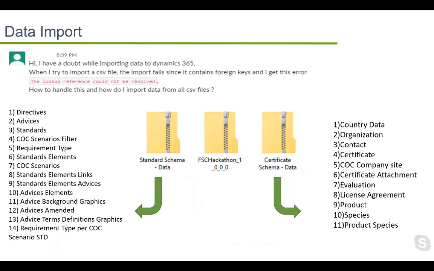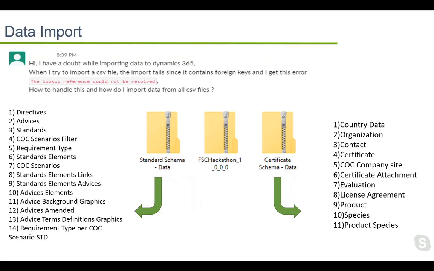As we can see, on the right hand side we have mentioned the certificate schema entities sequence, and on the left hand side we have mentioned the standard schema entity sequence. As the data is interdependent within this structure, the master data needs to be imported in the first step.